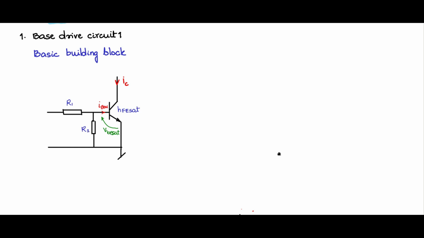So now let us design the value of R2. We know the voltage across R2 is VBE SAT. So VBE SAT divided by how much current will one allow through R2. Normally a current equivalent of IB on will be allowed through R2. So this will be VBE SAT by IB on. And what is IB on? IB on is 2 times IC by HFE SAT.